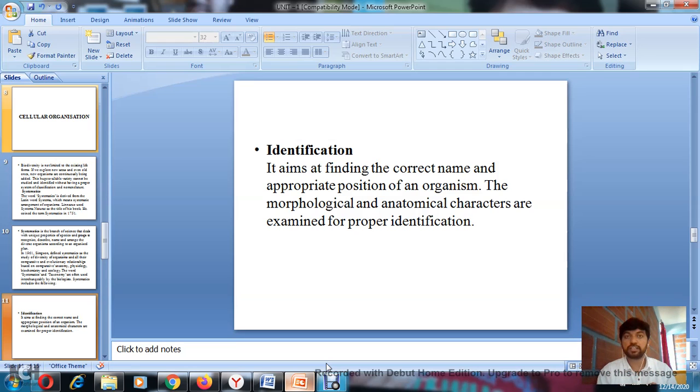Positioning of an organism. The morphological and anatomical characters are examined, how they look physically, the physical structure, and what its anatomy is, what its skeletal system is. With all these things, identifying a particular organism is part of systematics. For proper identification, this identification technique will be followed.